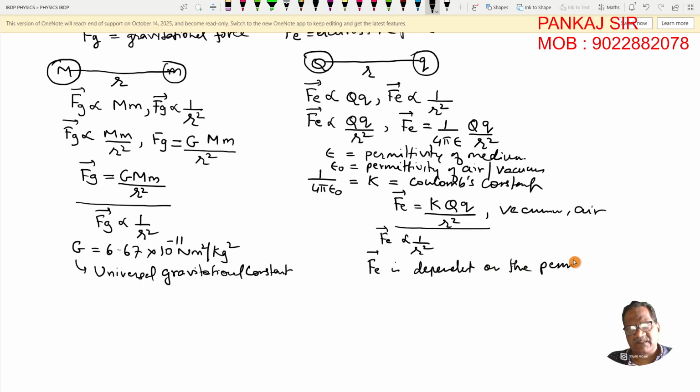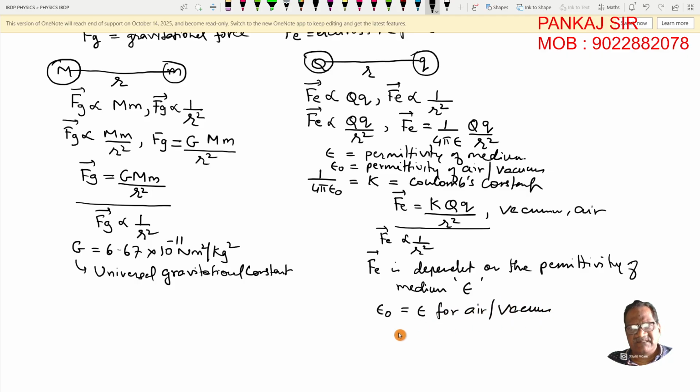The permittivity of the medium is denoted by epsilon in general. Let me give you the value of epsilon 0, that is the permittivity of the air or the vacuum. So epsilon 0 is epsilon for air or vacuum.